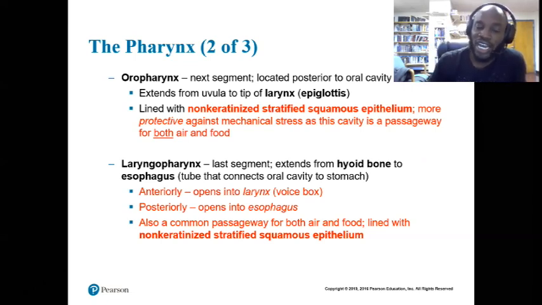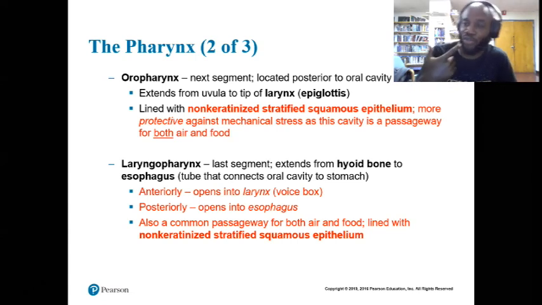They eventually die, but provide a good barrier. Basically, these are non-keratinized, stratified squamous epithelium. Notice the ciliated part has been taken out, but they are more protective against mechanical stress, as this cavity is a passageway for both air and food. So in this short section you can have food and air passing through this area.